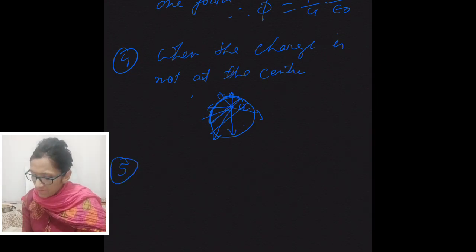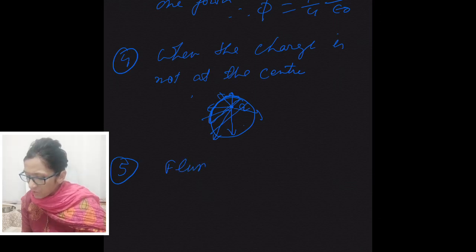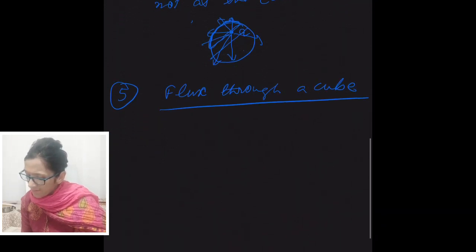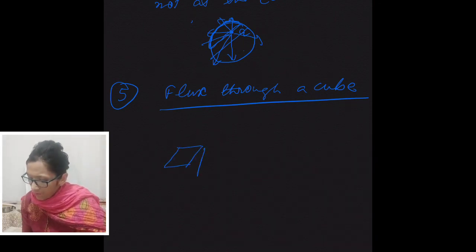Now the next case, a cube: flux through a cube. Let me draw one cube.